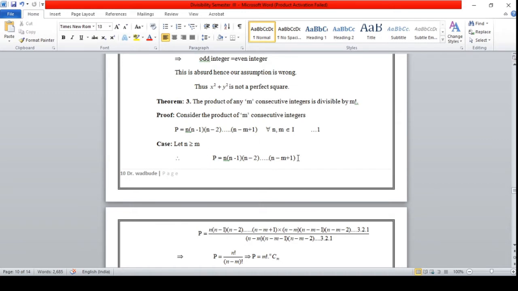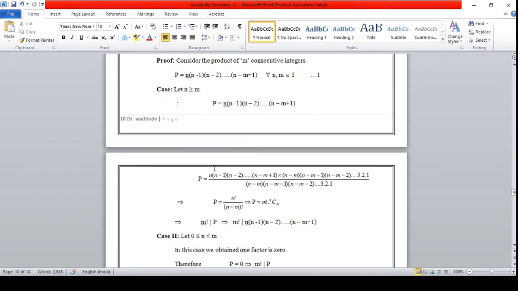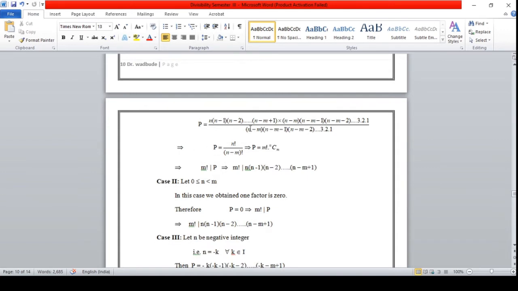P is equal to the product of these consecutive numbers. Multiplying by n minus m, n minus m minus 1, n minus m minus 2, up to 3, 2, 1 and dividing by the same number, P is equal to n factorial in the numerator and n minus m factorial in the denominator.